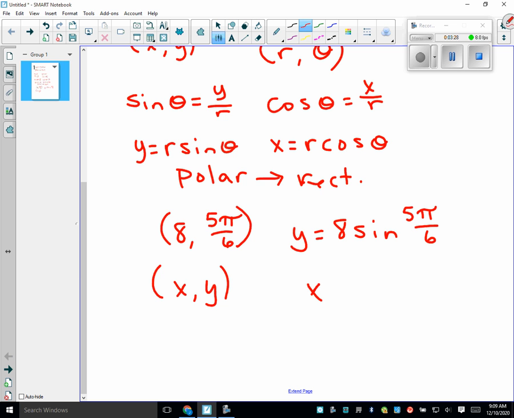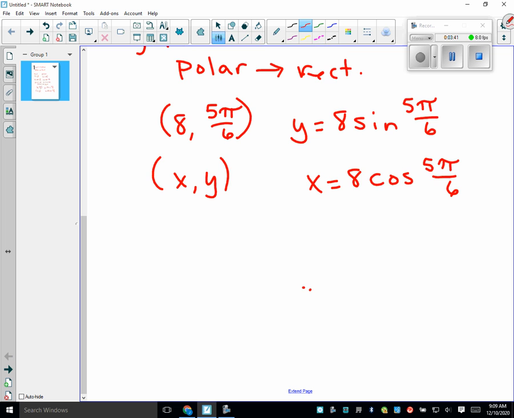Is x equal to 8 cosine of 5 pi over 6? Is 5 pi over 6 in the second quadrant? Yes, quadrant 2, so it should be with a reference angle of pi over 6.